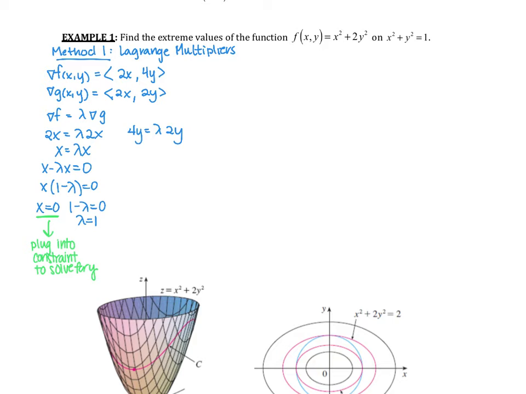Plugging this into the constraint means that we get 0 squared plus y squared equals 1. So y equals plus or minus 1. This means, and again I'm going to organize my thoughts very similarly to how we did the absolute max and min before.